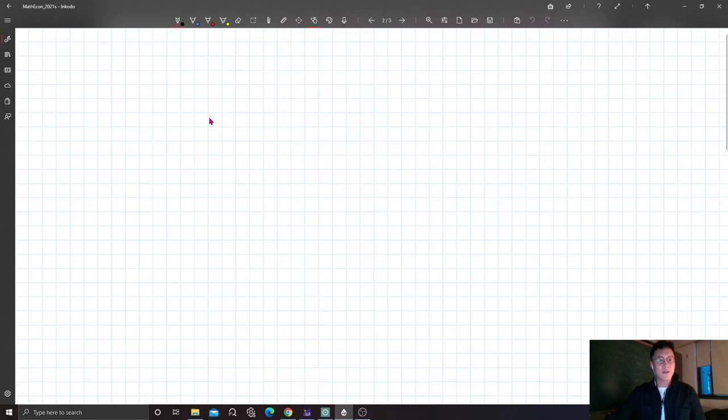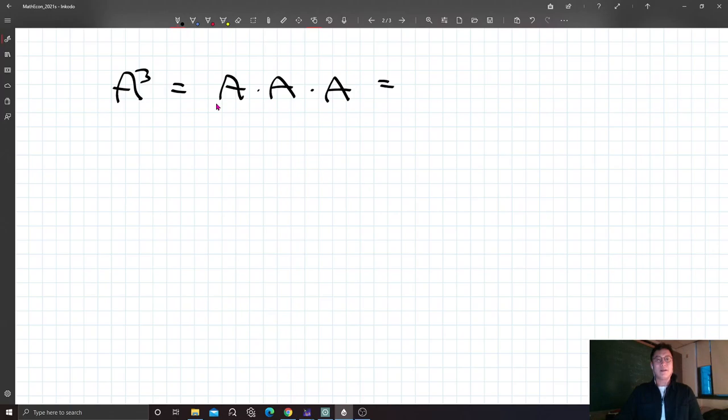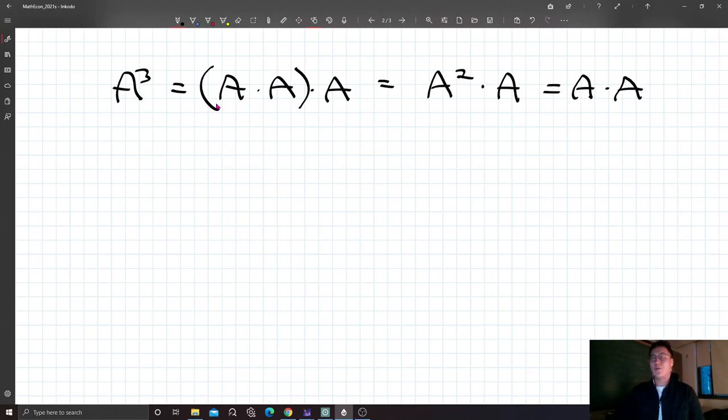A to the power 3 is the repeated multiplication of A 3 times. Then we can take the first pair A times A, by the associative law, and it is A squared times A. But we know A squared is A, so we have double A's, that is A.